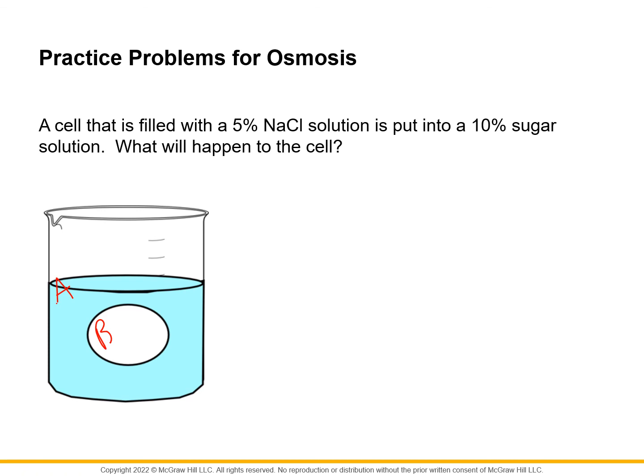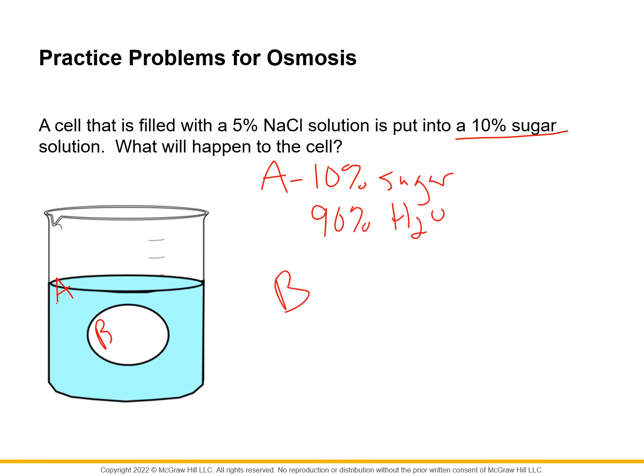So A is the 10% sugar solution. If it's 10% sugar, that means it's 90% water. B is the cell. It's 5% sodium chloride, so it's 5% salt. And again, the type of solute doesn't matter. What's important is the percentage.